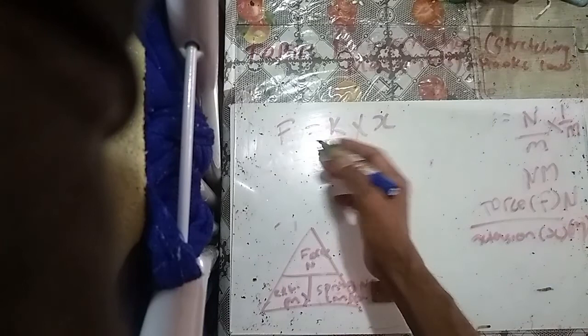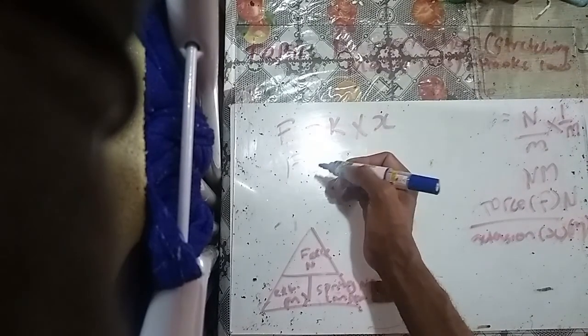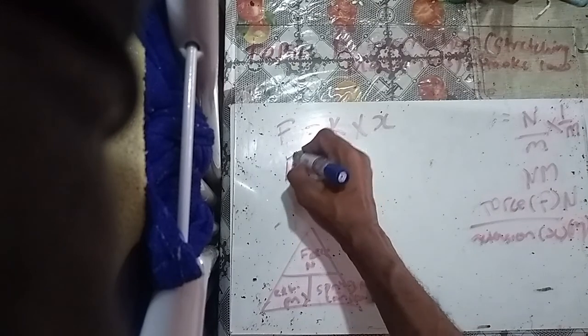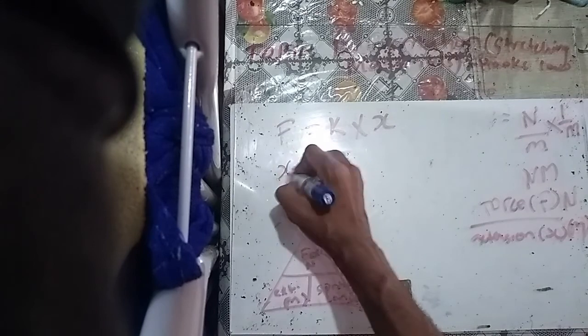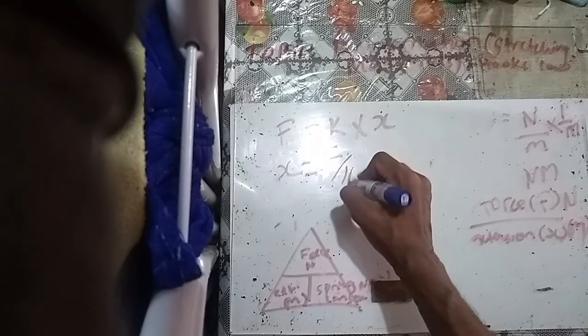This one is just for me. Since force is equal to the extension times the spring constant, the extension is equal to the force divided by the spring constant, and that is obviously true according to the triangle. So the extension x is equal to F over k, force over spring constant.